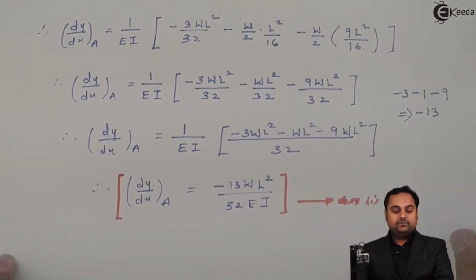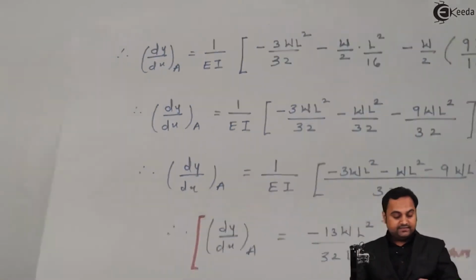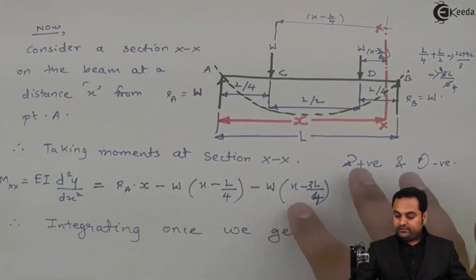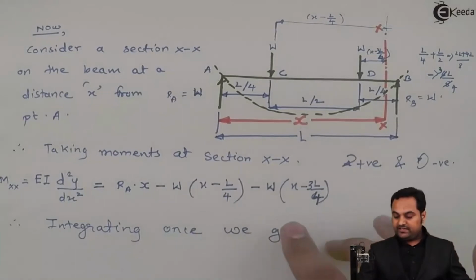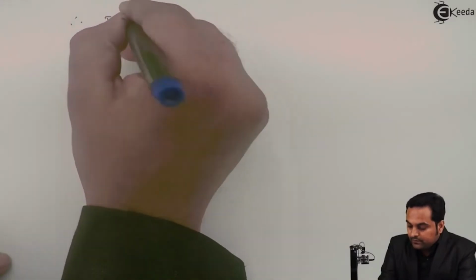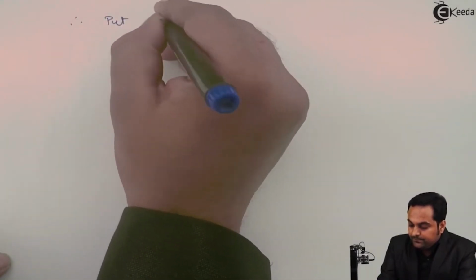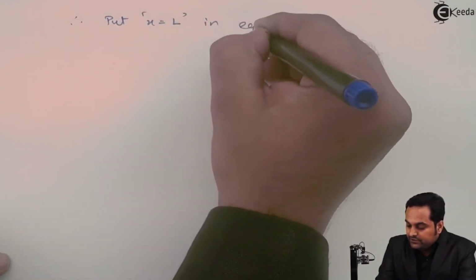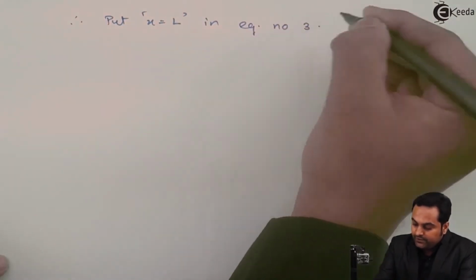Similarly, the maximum slope will be at x is equal to L, that is at point B. There also we will get the value of maximum slope. So next I'll keep x is equal to L. So therefore after reaching here, put x is equal to L in equation number 3.